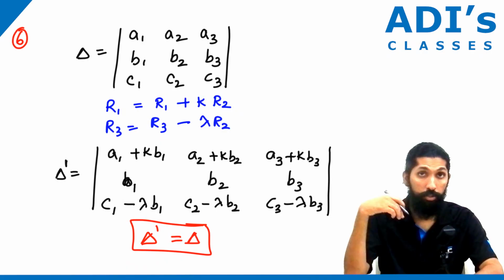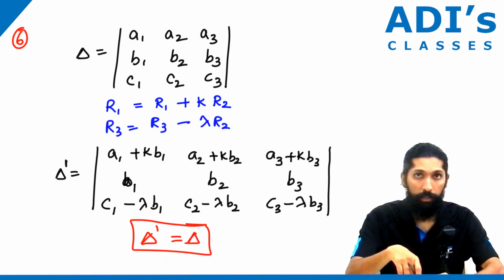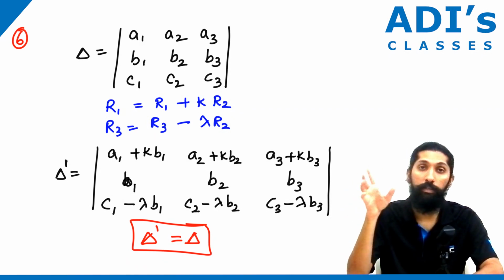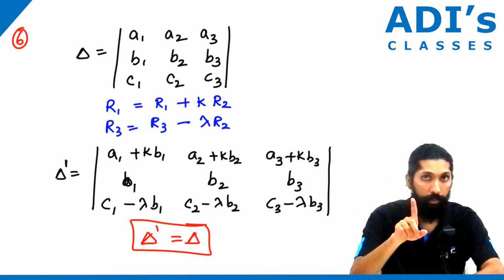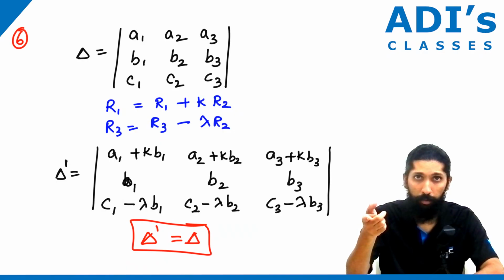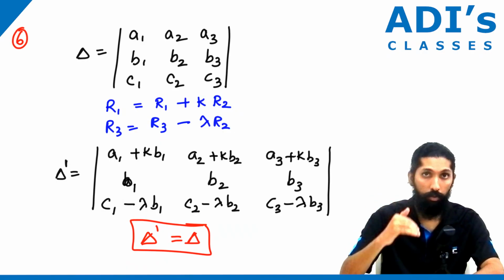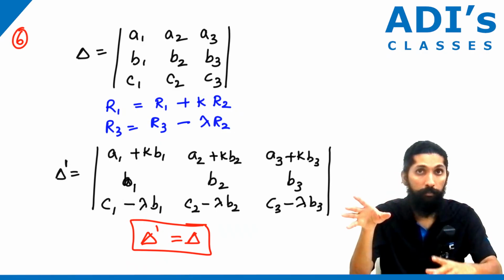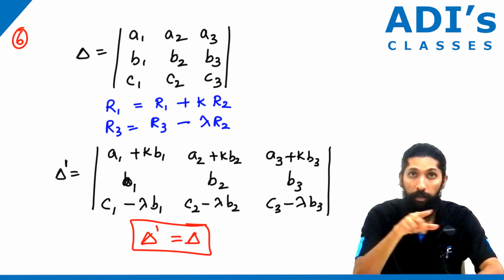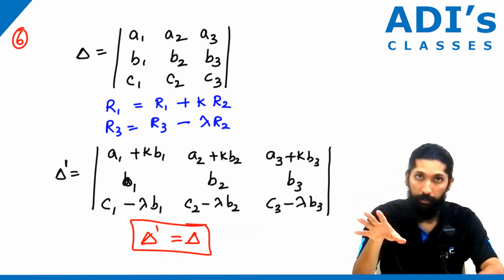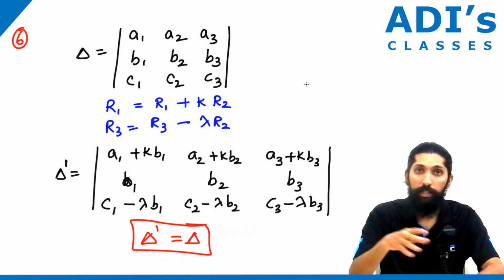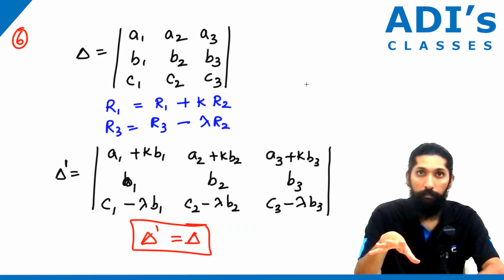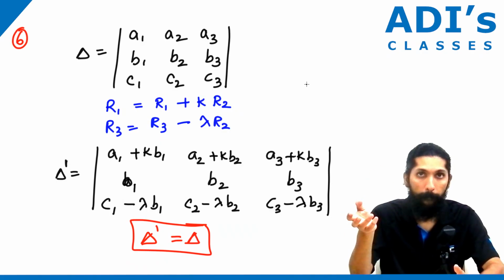Now to recap all 6 properties: if you transpose, the value of the determinant remains the same. Second, if you interchange two rows or two columns, the determinant becomes negative, minus delta. Third, if two rows or two columns are the same, the determinant value is 0.